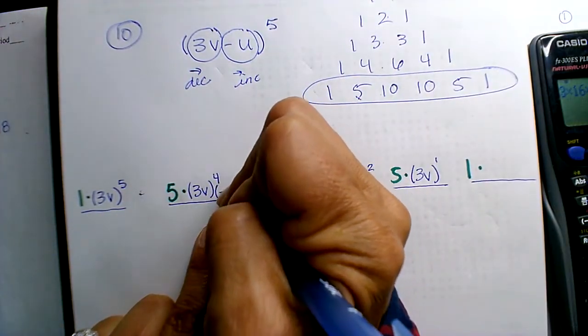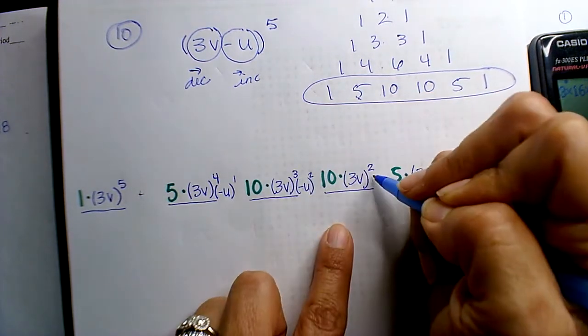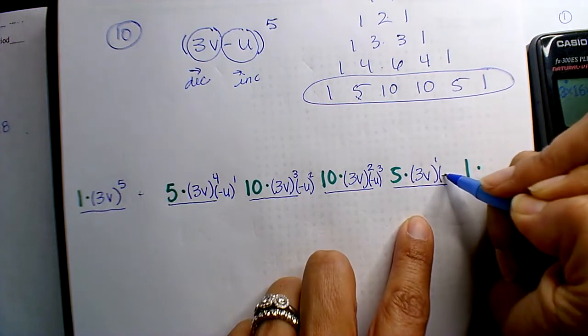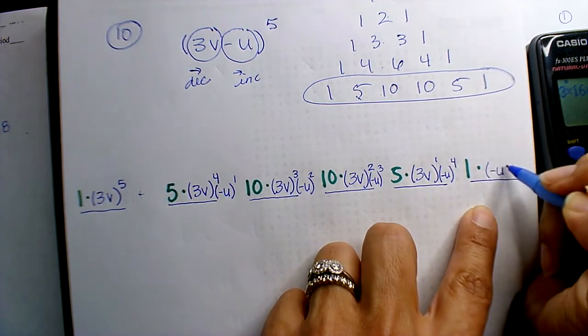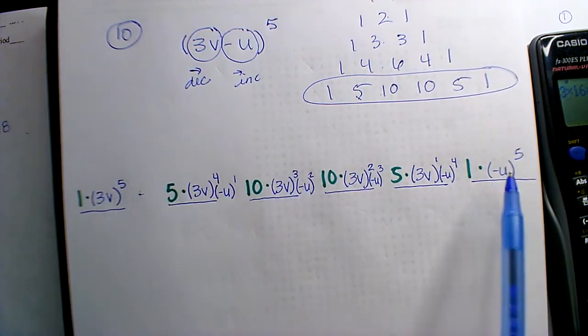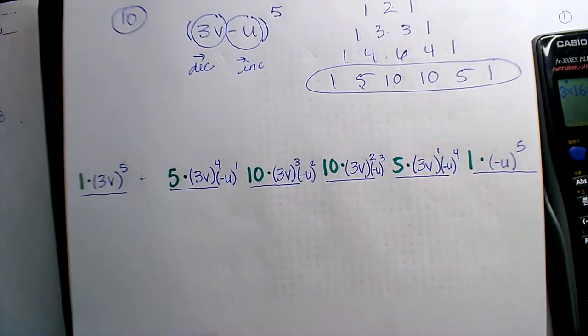So this is now negative u to the 1st, negative u squared, negative u cubed, negative u to the 4th, negative u to the 5th. So one goes 5, 4, 3, 2, 1, 0, and the other goes 0, 1, 2, 3, 4, 5. And all you do now is clean that up, and that is your expanded polynomial.